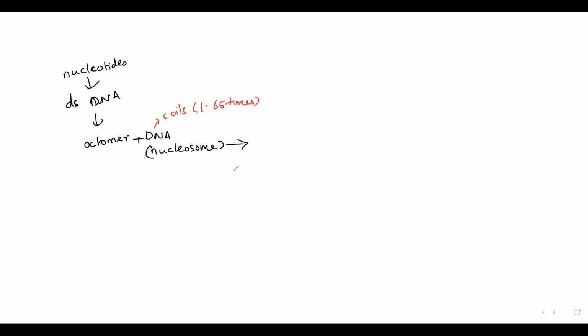Remember that this octamer with DNA forms a nucleosome, and if the nucleosome has the H1 protein, it is called a chromatosome.